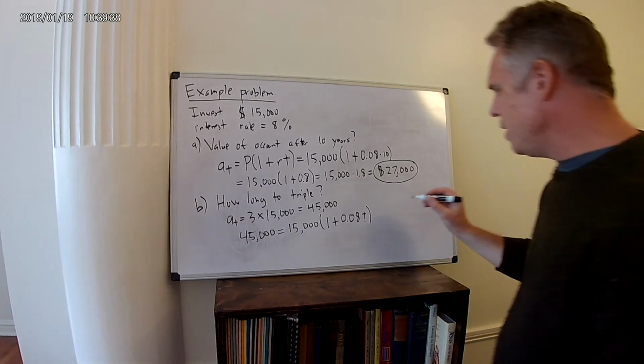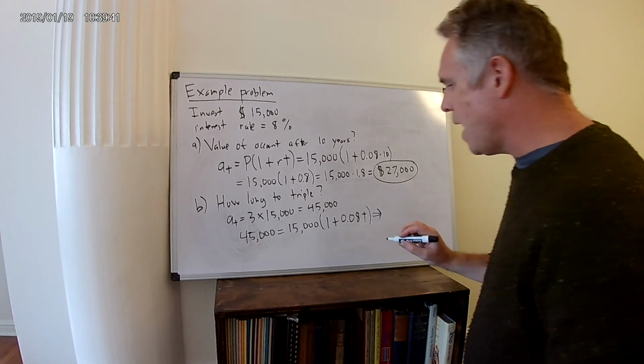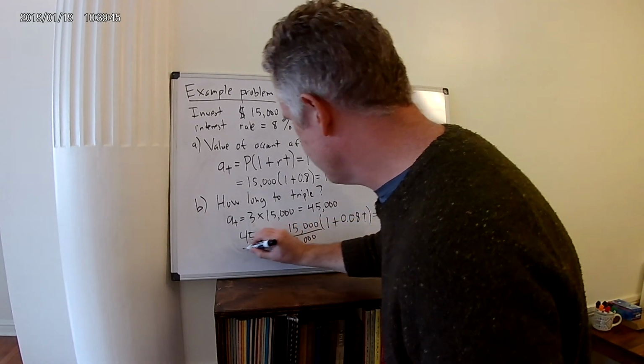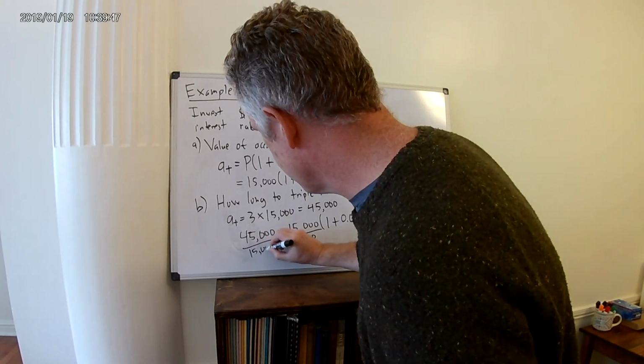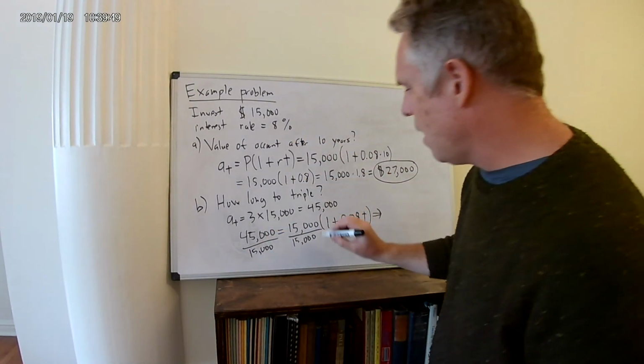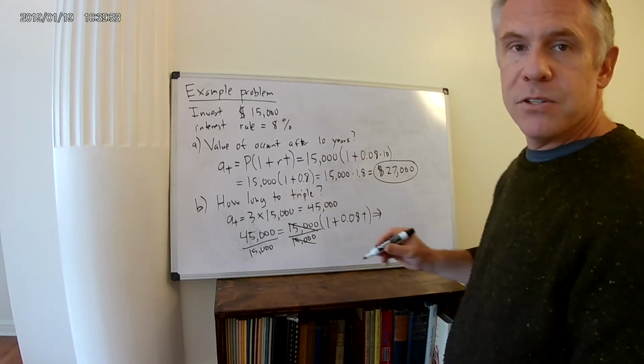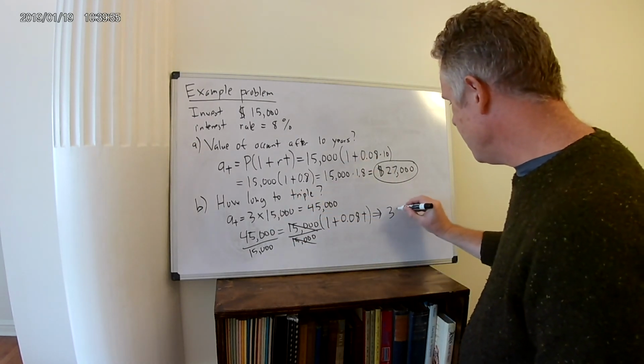How do I solve for t? Well, what I can do is divide both sides of this equation by 15,000. 15,000 divided by 15,000 is 1. 45,000 divided by 15,000 is 3.